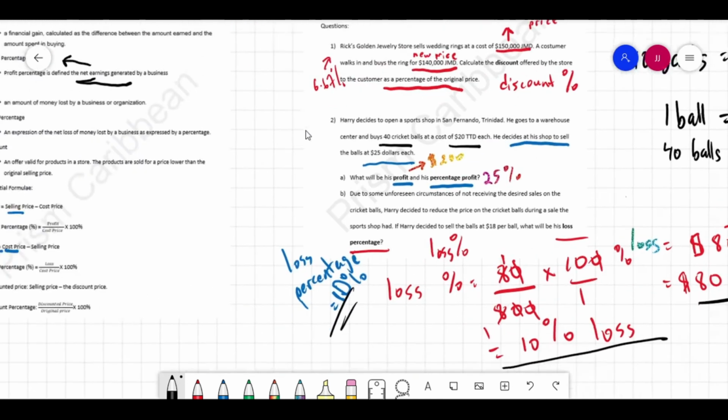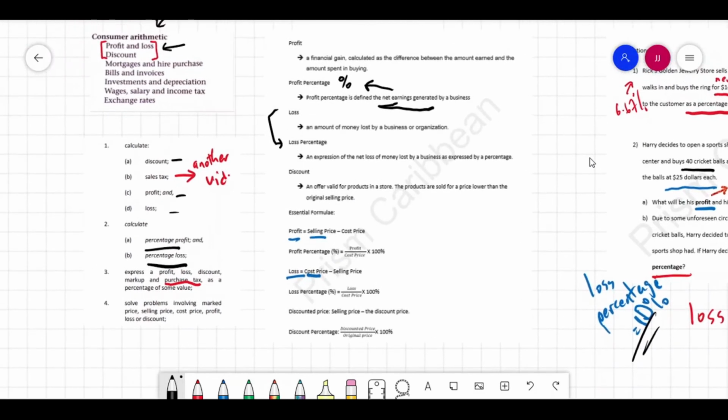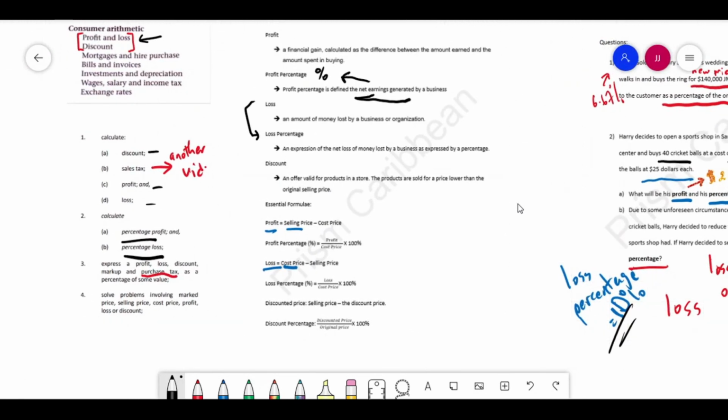One more thing to note. We can also interchange these formulas. So if we want to find, let's say, the selling price, the selling price is equal to the cost price minus the loss.